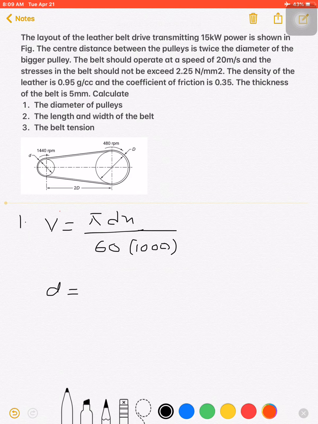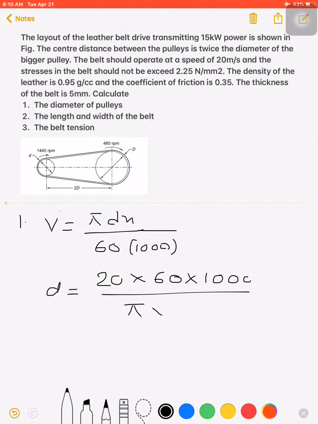Here the velocity is 20 meters per second, so d is 20 into 60 into 1000 by pi into N. N here for the smaller pulley is 1440 rpm.